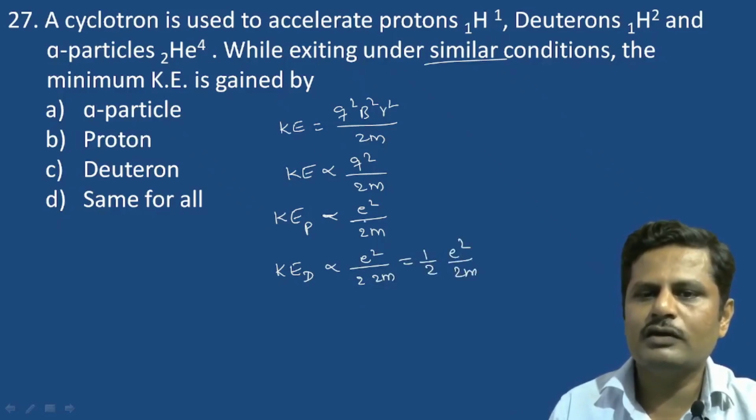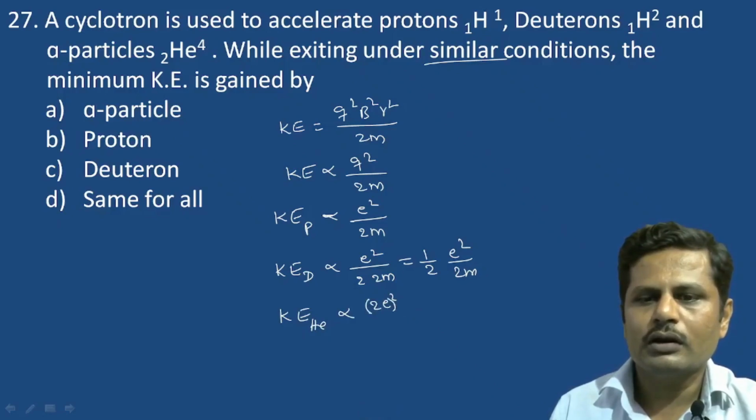That is, half of the kinetic energy of the proton it will get. Now for helium, the atomic number is 2, so here we will write (2e) square divided by 2 into 4m, so therefore we will get 4e square divided by 8m. This is nothing but e square divided by 2m.